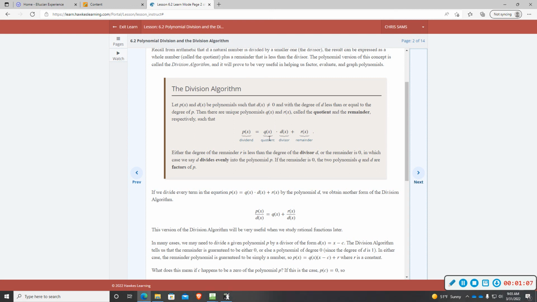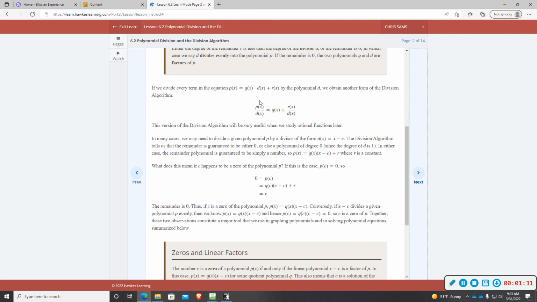The solution to that problem, whenever you divide two terms, you get a quotient. So the quotient is the q(x), that's just the part here, and then you will have your divisor and your remainder. So like it says, if you multiply the quotient times the divisor plus the remainder, it should be equal back to what you started, your dividend.